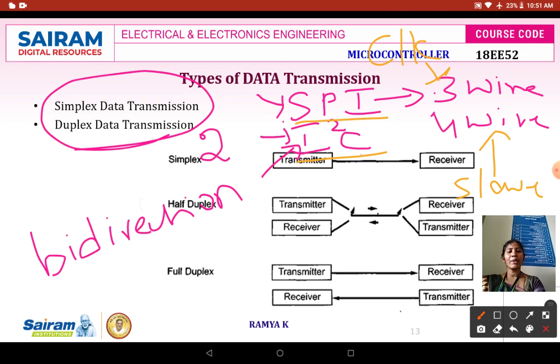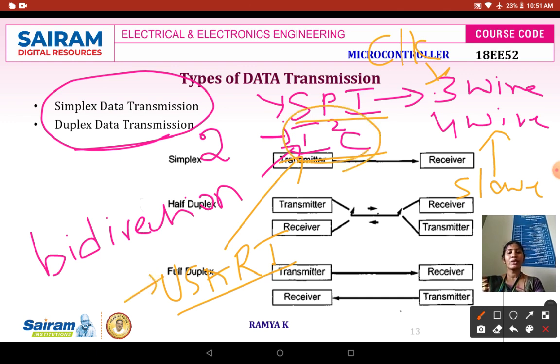And when you compare this I square C protocol with USART, I square C is going to be faster when compared to your USART protocol.